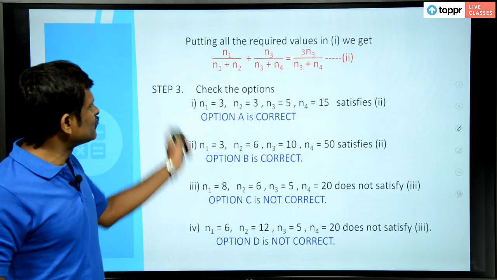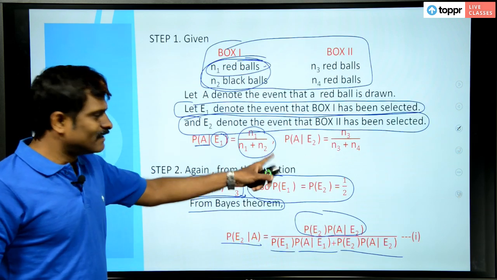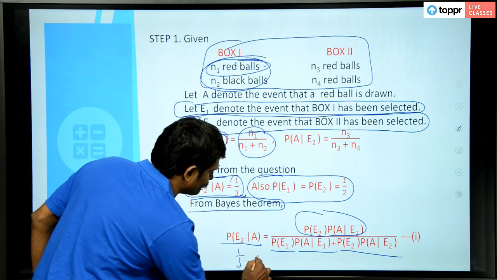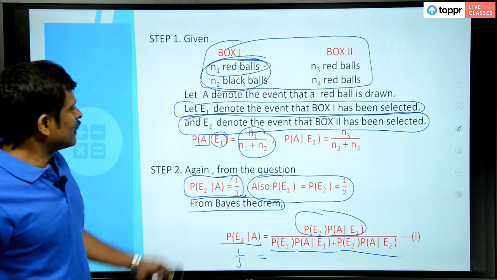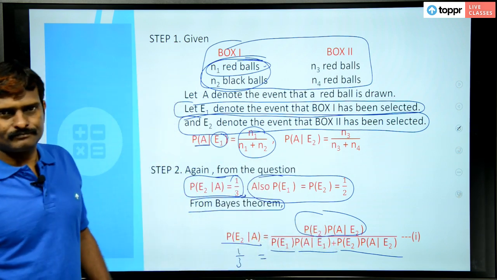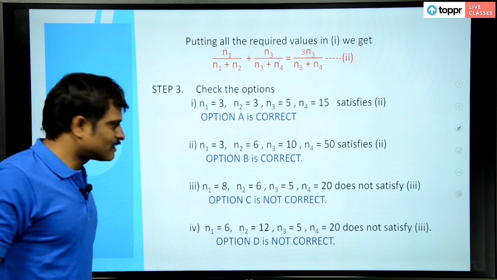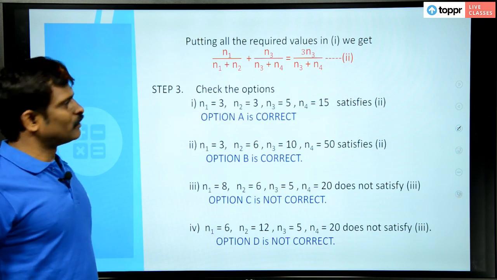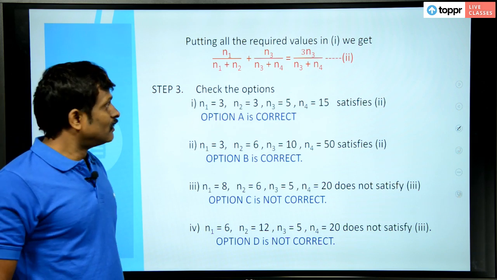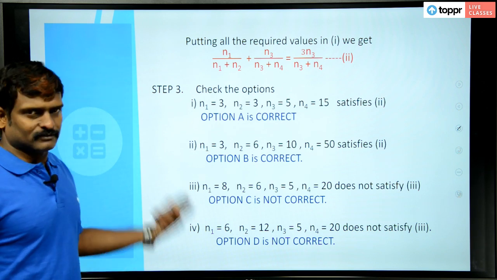Now, if you substitute those values and simplify, this will be 1 by 3, and you get n1 by n1 plus n2 plus n3 by n3 plus n4 is equal to 3 n3 by n3 plus n4. This is a tedious job guys, but there is no other option.